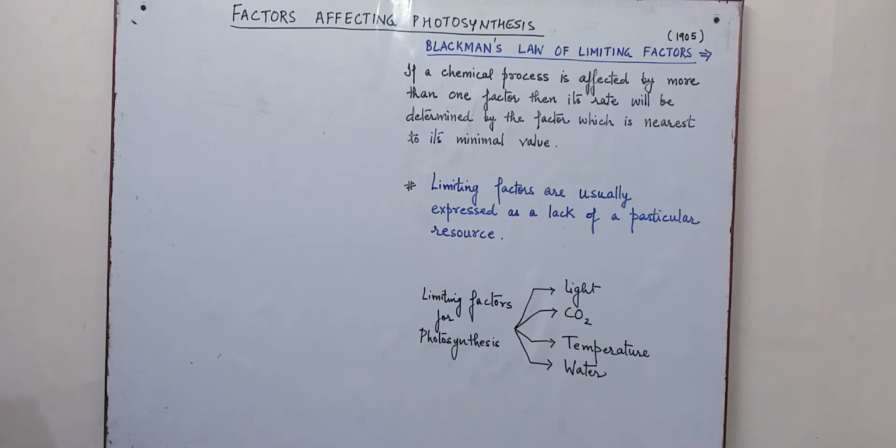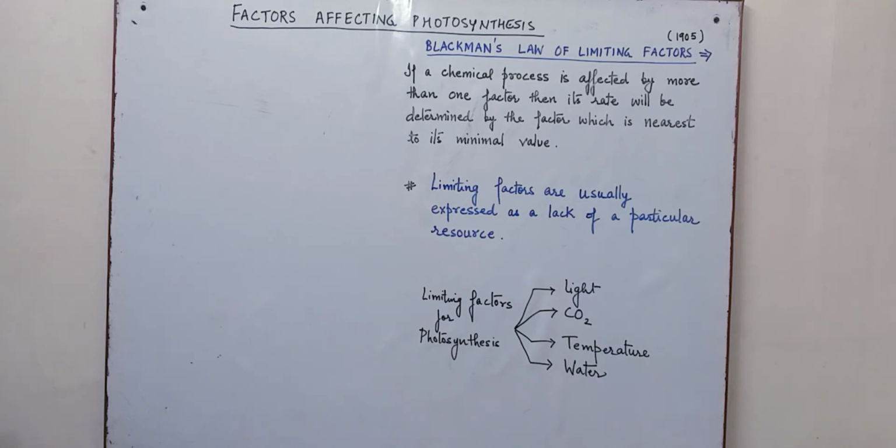As we are continuing with our understanding of the process of photosynthesis, today in this video we'll be talking about the various factors that affect the process of photosynthesis. Now, all of you know that photosynthesis is a very important process which has been broadly divided into the two phases, that is the light reaction and the dark reaction.